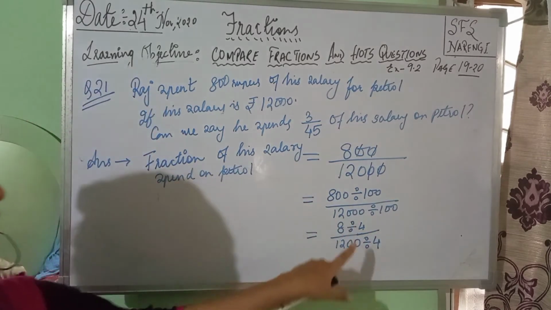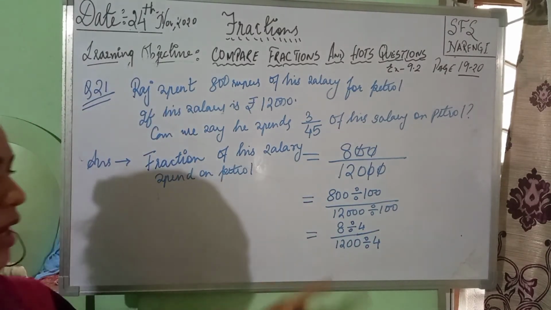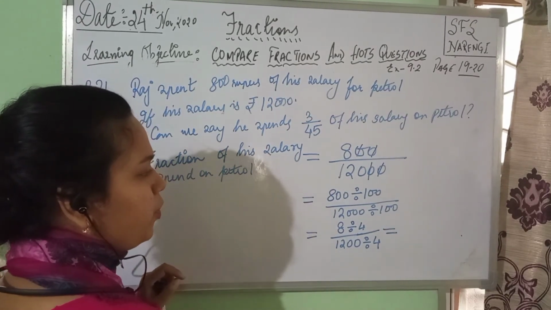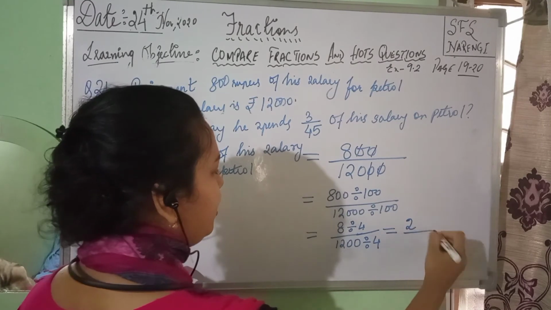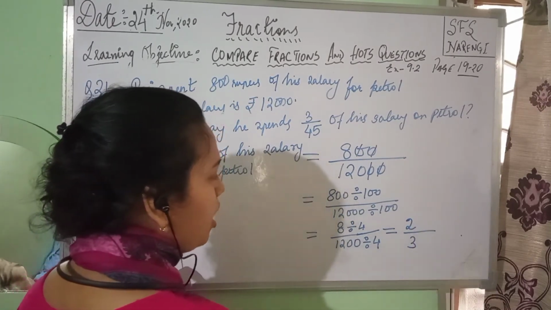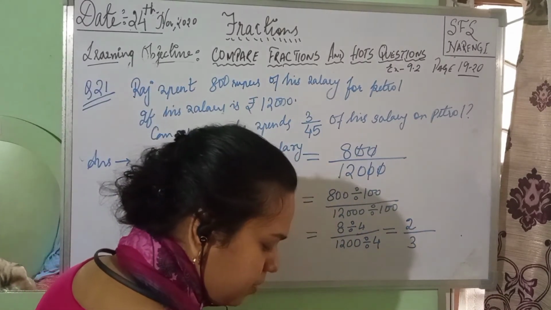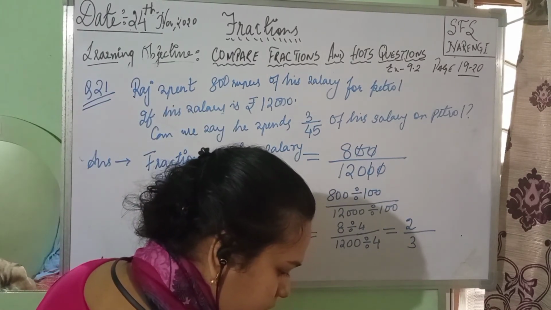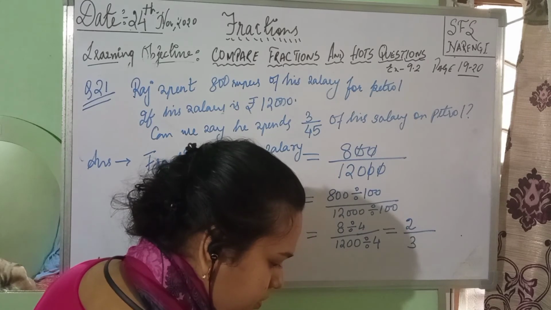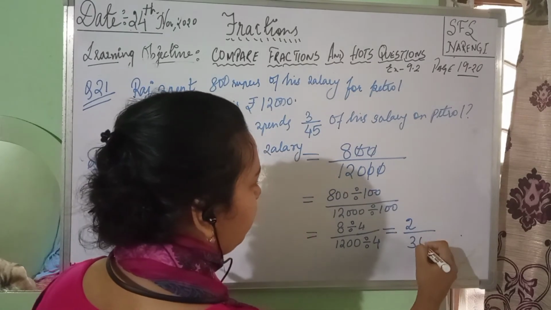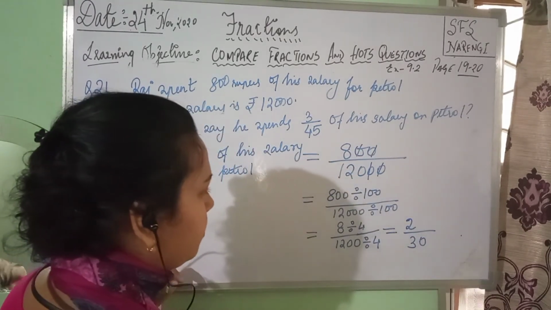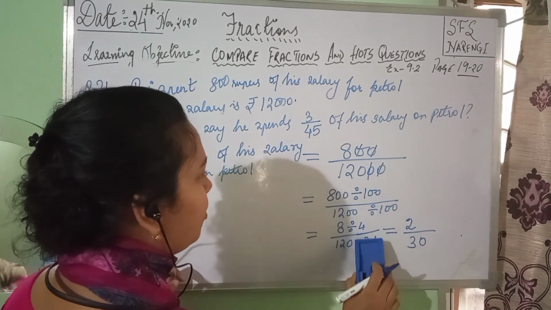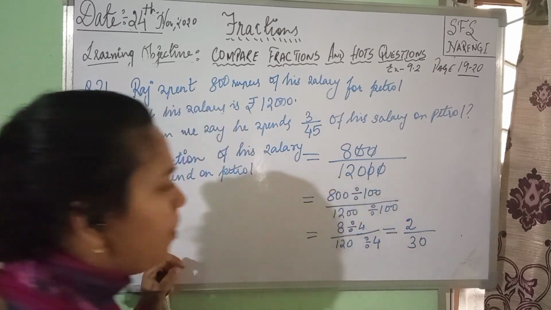So I can divide 8 and 120 by 4, and I am left with 2 by 30.